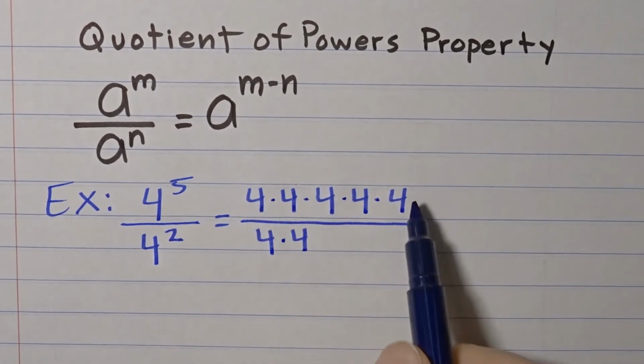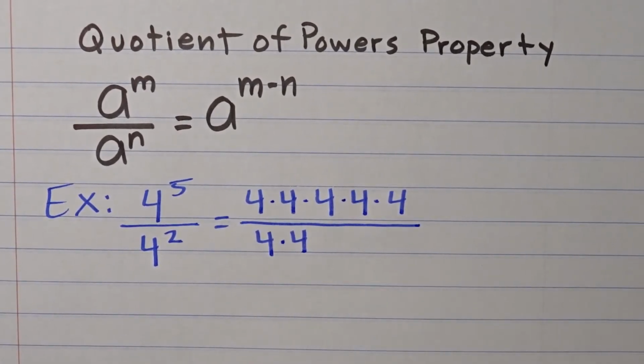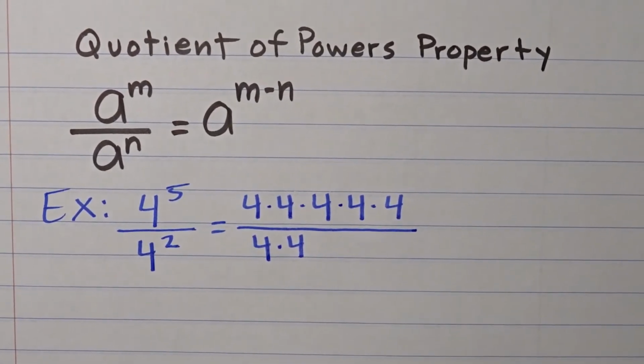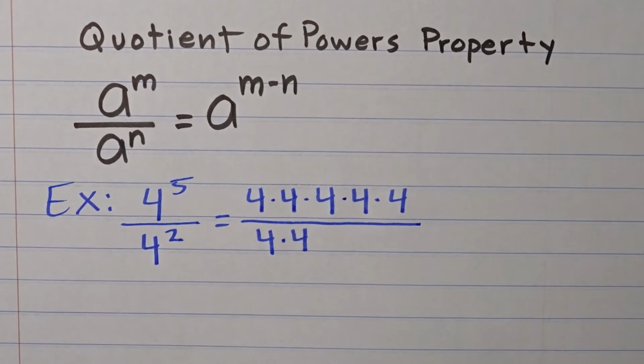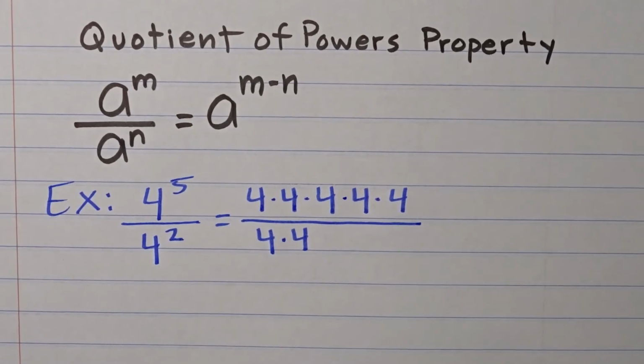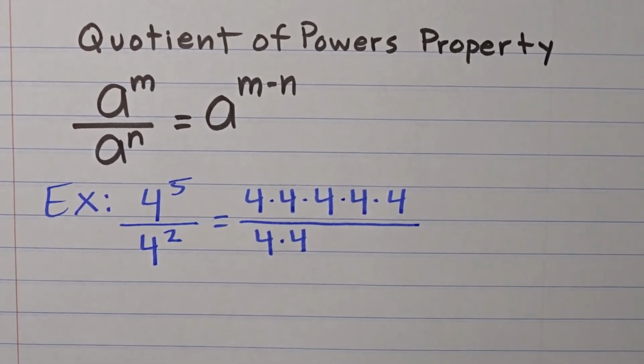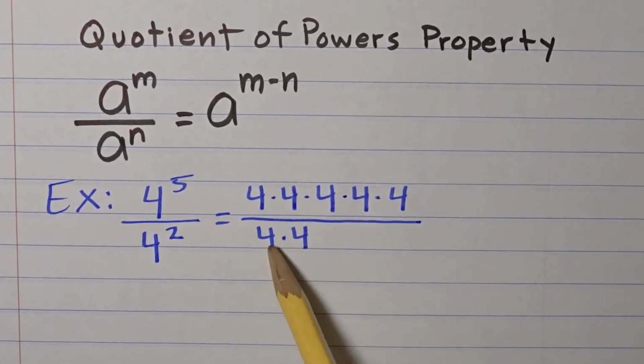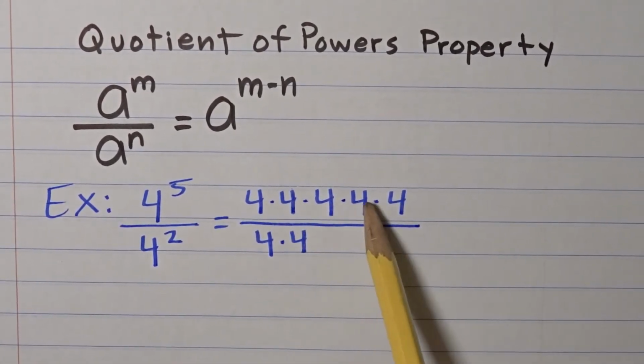That's what 4 to the 5th power means, and this is what 4 to the 2nd power means. Now when you're doing this, think about what we have here. We have 4 divided by 4, 4 divided by 4, and then 4 times 4 times 4.